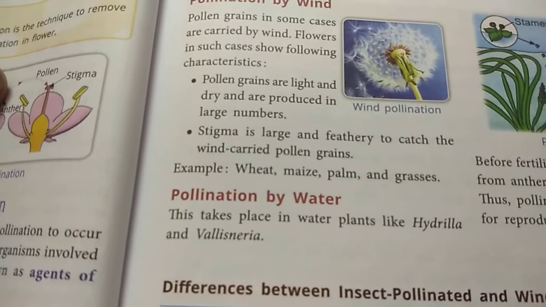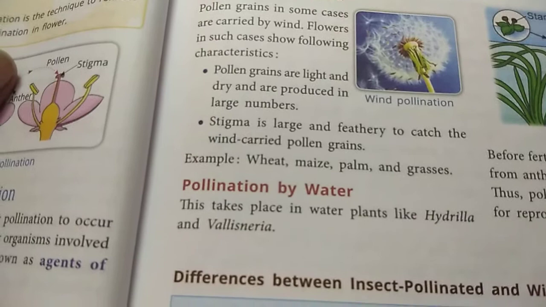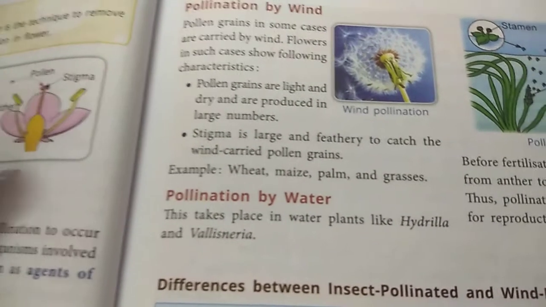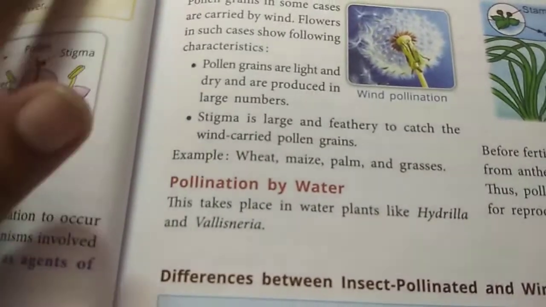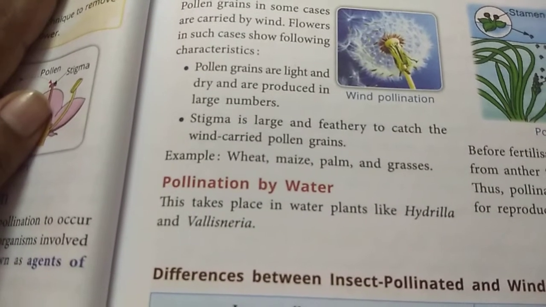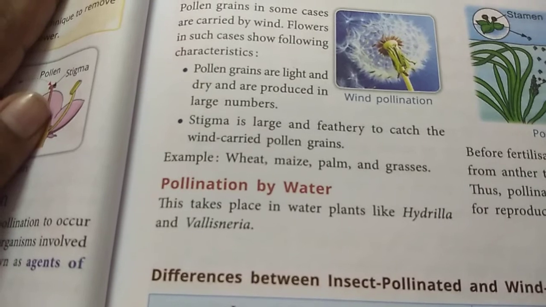In those flowers, pollen grains should be very light. So they are very light and dry, so that a mild wind can also make them fly from one place to another place. Okay. Stigma is large and feathery to catch the wind carried pollen grains.